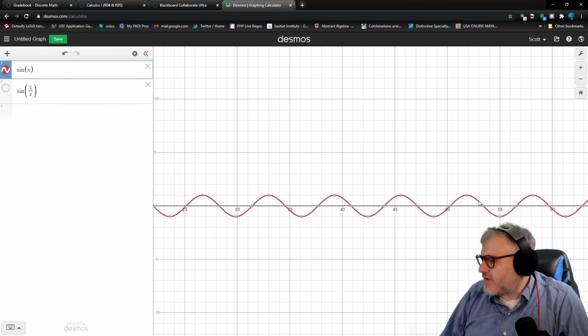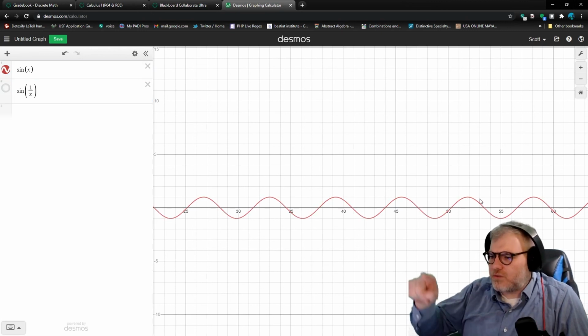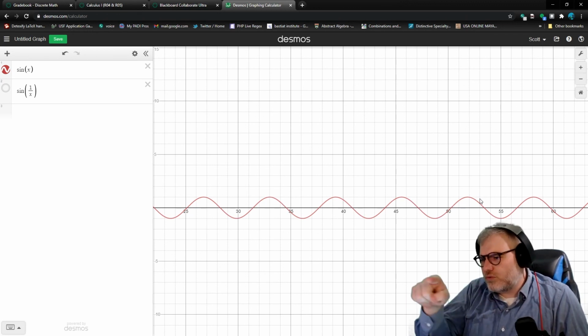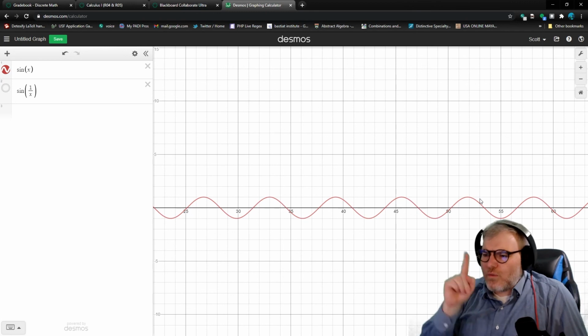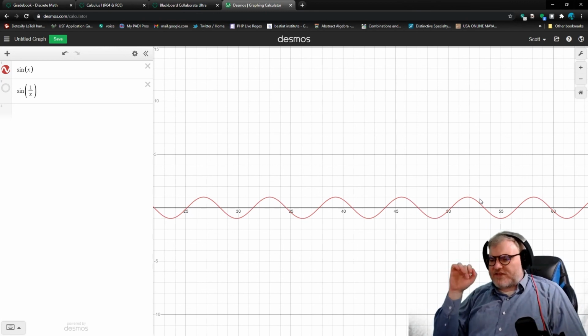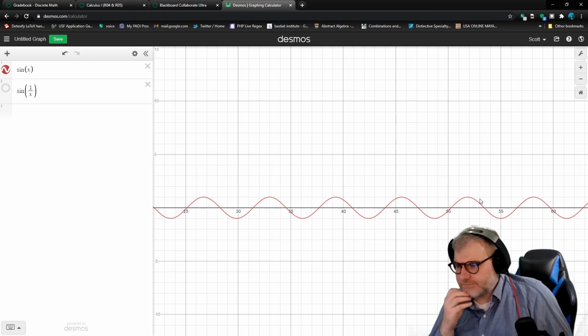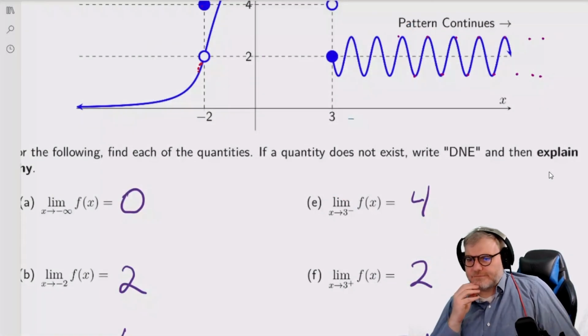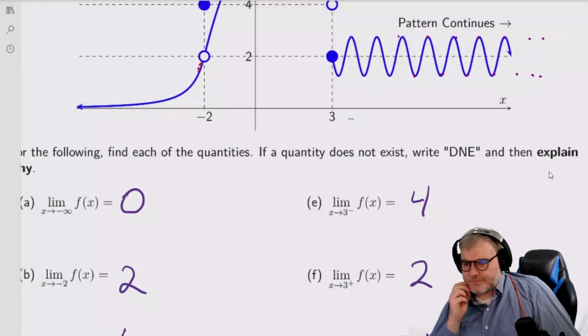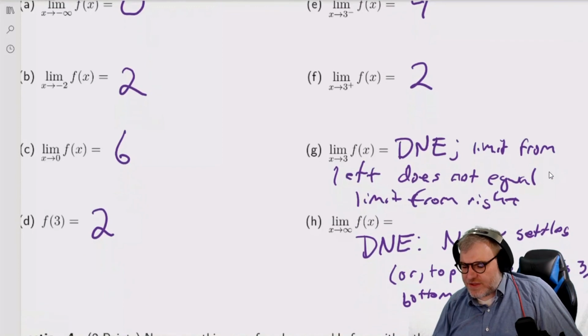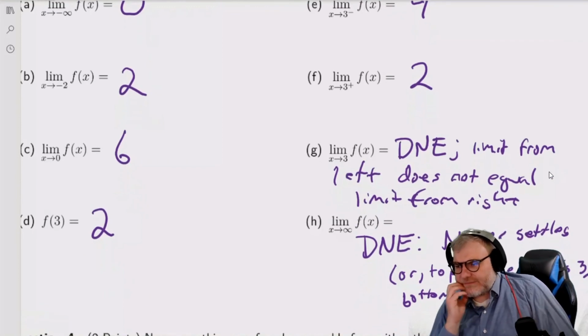As I go to infinity, this thing is still going. So one to five, how do we feel about this idea of settling? So that's why h does not exist. It never settles.